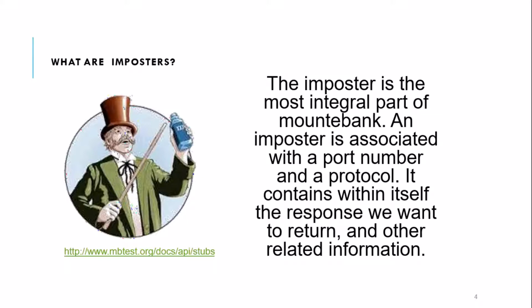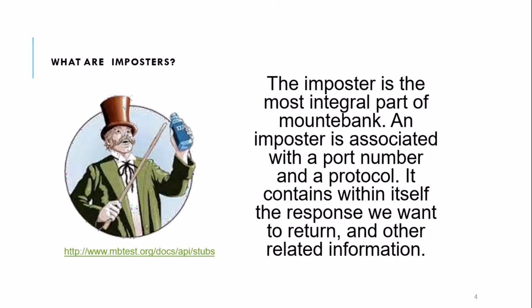One of the important concepts of Mountebank is the imposter. The imposter is the most integral part of Mountebank, and an imposter is associated with a port number and a protocol, and it contains the response within it, what we want to return, and other related information.